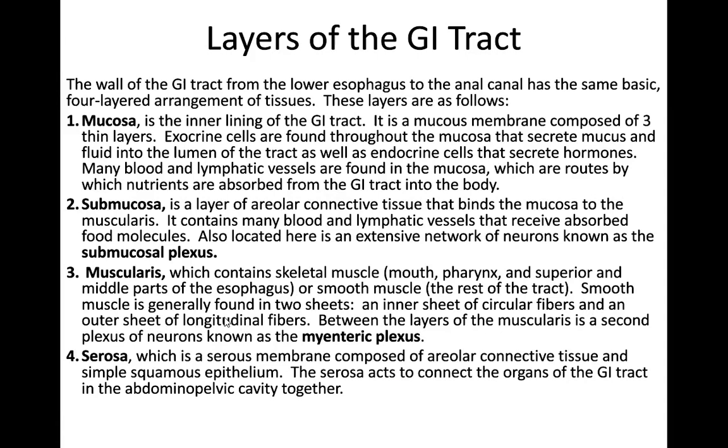In our stomach, where we do a lot of mixing and swirling the food around, there are actually 3 layers of muscle, and so our stomach can really squeeze and contract and relax and do all sorts of cool stuff. The very outer layer of the tract, which physiologically is not that important to us, is a serosa, a serous membrane made up of areolar connective tissue and simple squamous. It does just like what most other outer layers of structures do, it holds the organs in place.